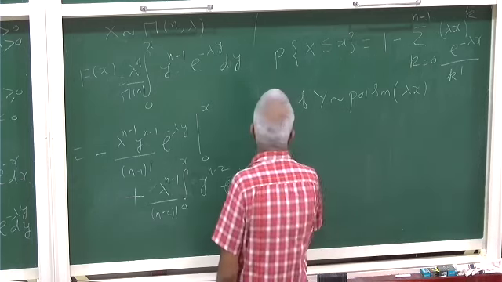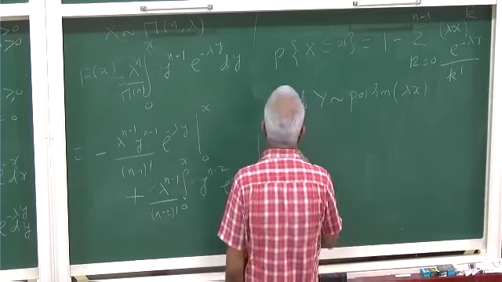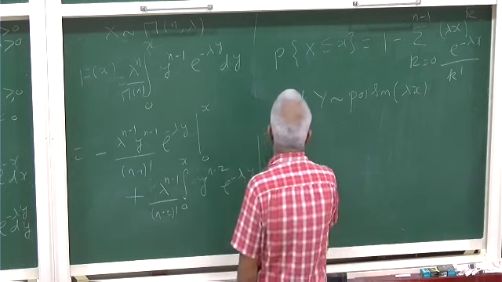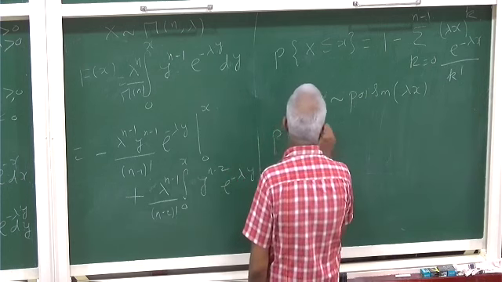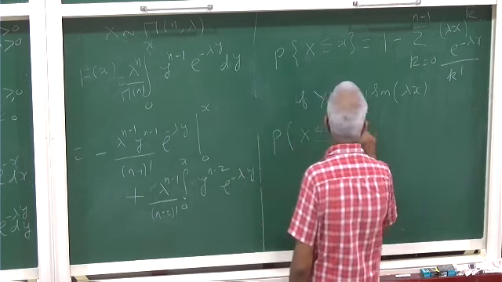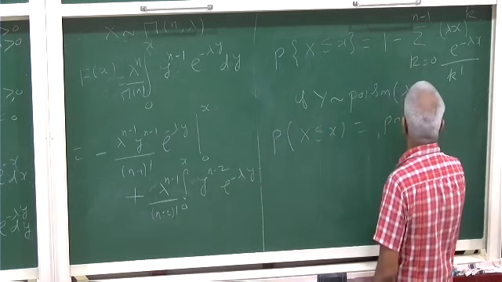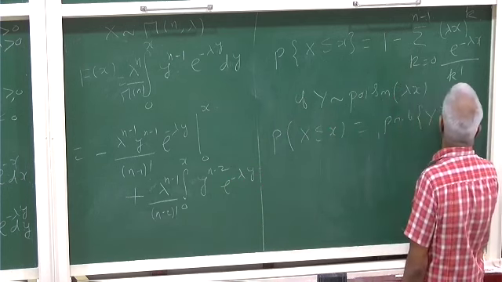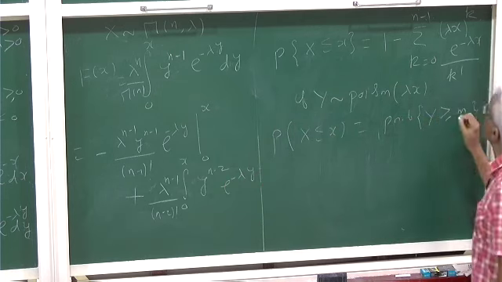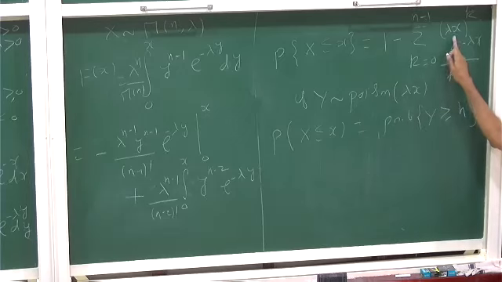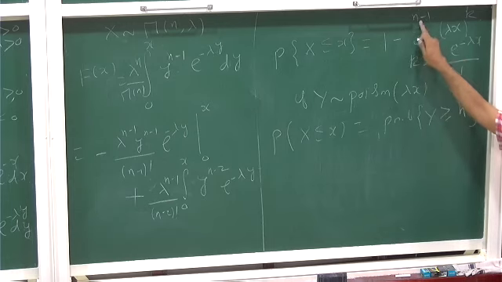If you do the Poisson process, if you have time to do some stochastic process, probability of X less than or equal to x is equal to probability of Y greater than or equal to n. This is Poisson with lambda x, and this sum is the probability up to n minus 1.